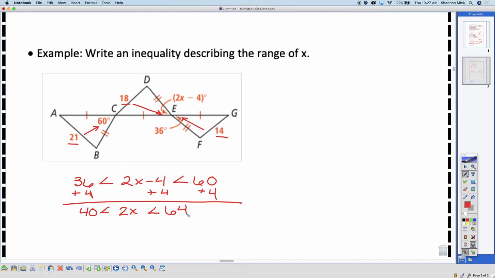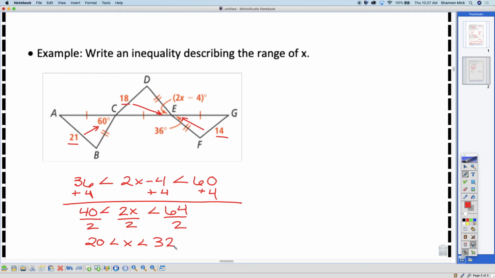Now I divide everything by what? 2. So then I have 20 is less than x, which is less than 32. So x has to fall in between what two things? 20 and 32.